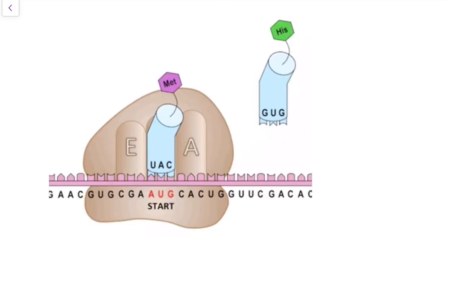If we think about this with lettering everything, the first one, AUG, did complementary base pairing with UAC to bring in methionine. Now, if the next codon along was CAC, that would match with GUG on this tRNA.